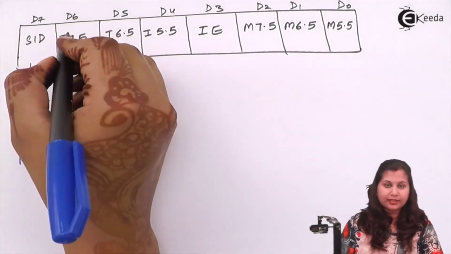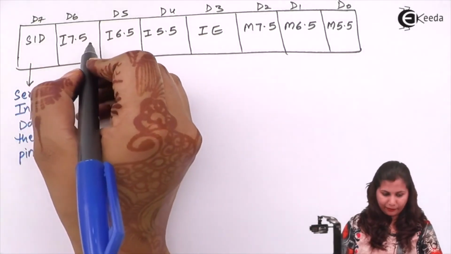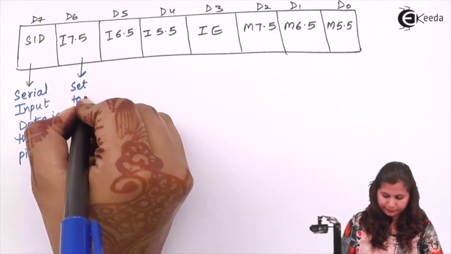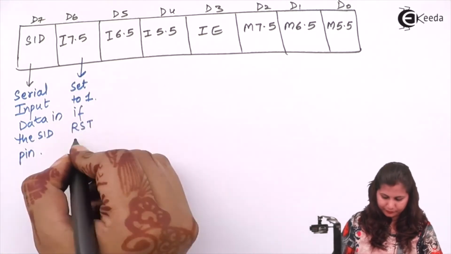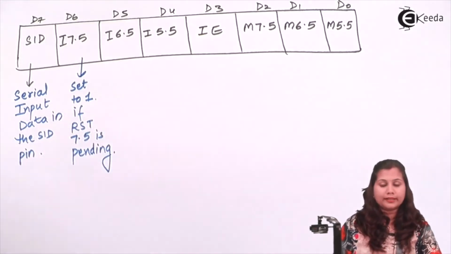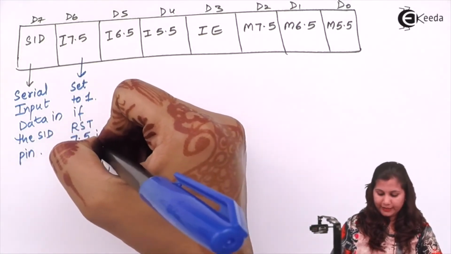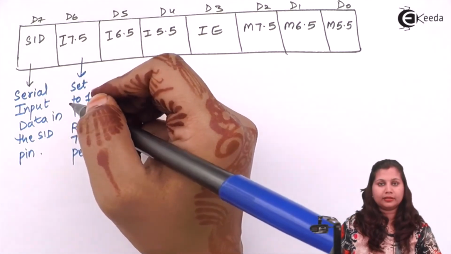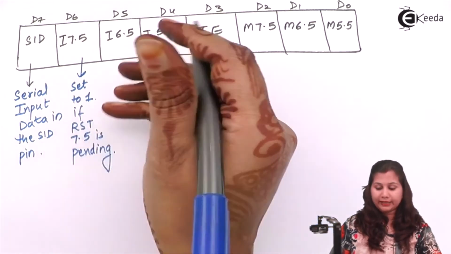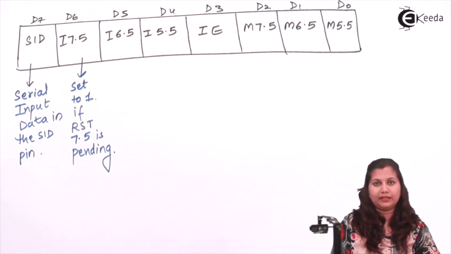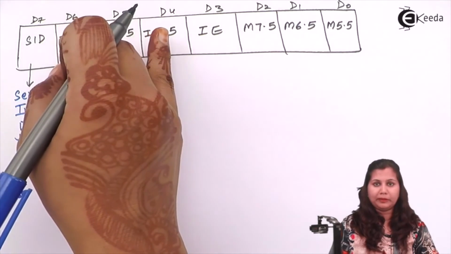Next bit is D6. This is I7.5. This bit is set to 1 if the RST 7.5 interrupt is pending. For example, an interrupt having priority greater than 7.5, like TRAP, is being given to 8085. So this interrupt will be pending.